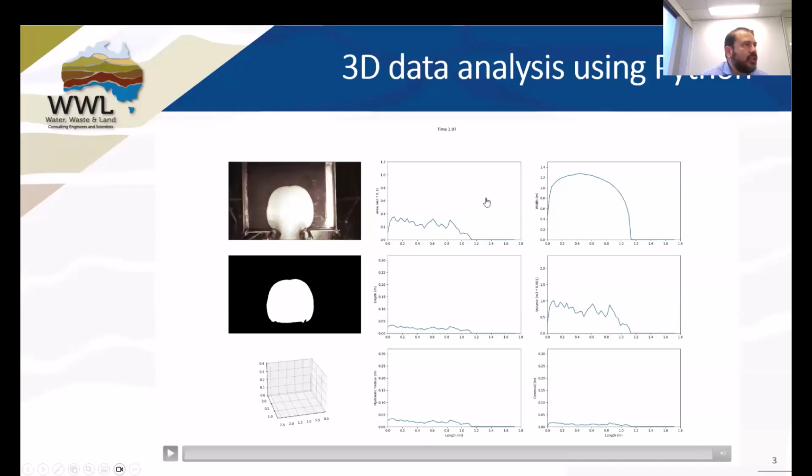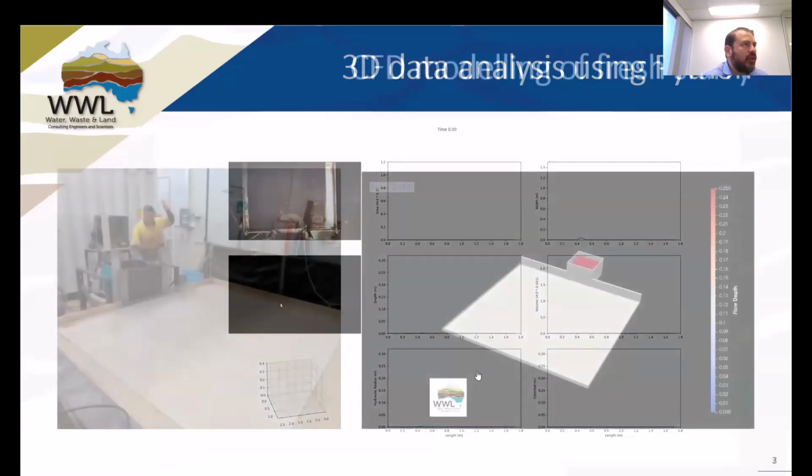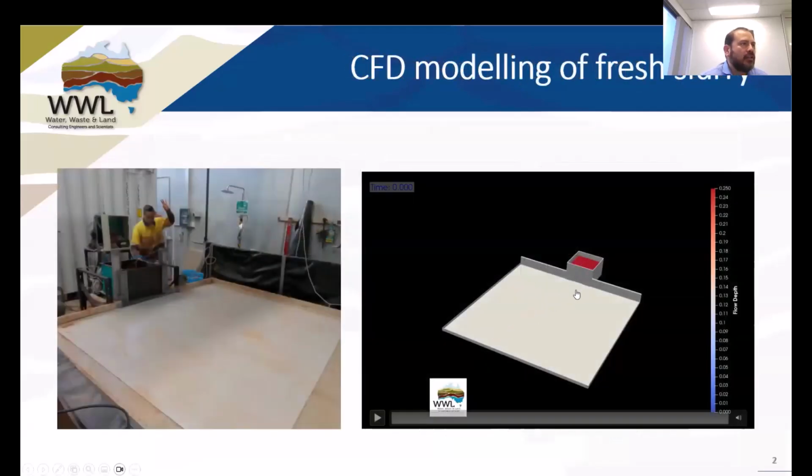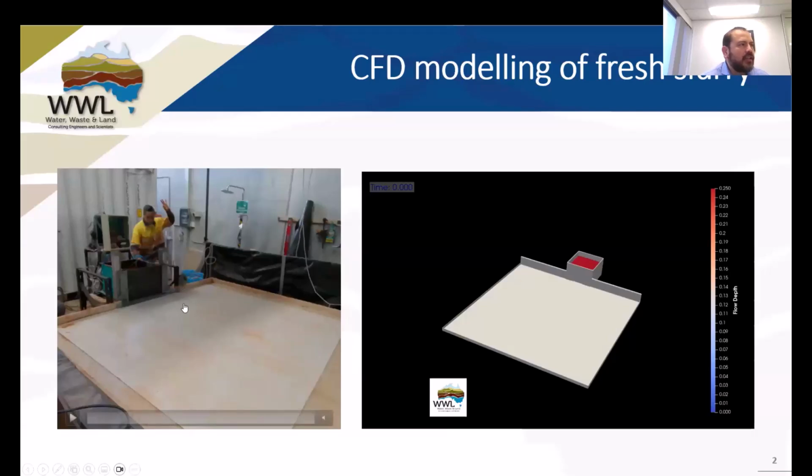With all this data at each time step, we can go to Flow 3D and try different rheologies and different parameters, looking for the rheology that best matches a real case at small scale.